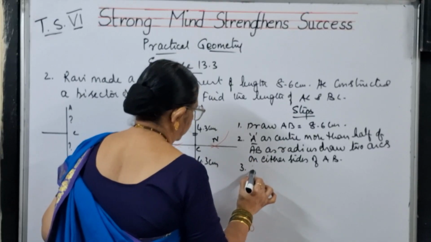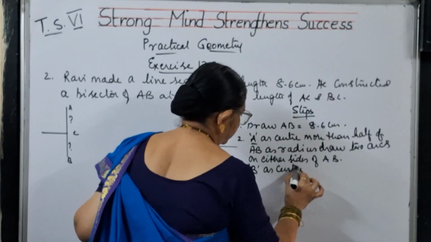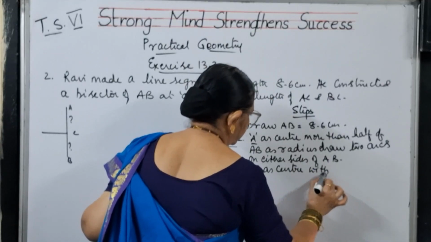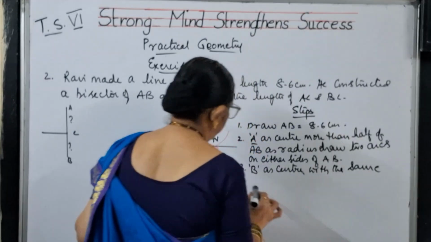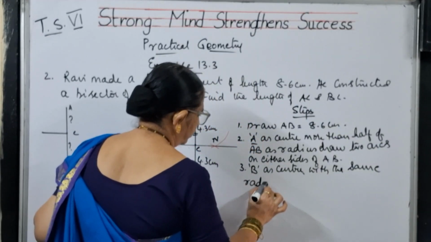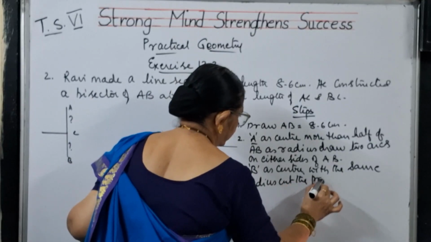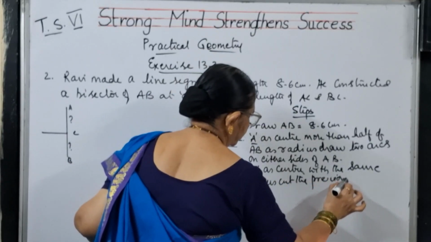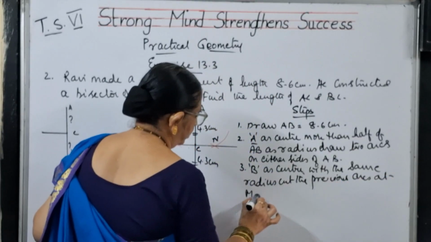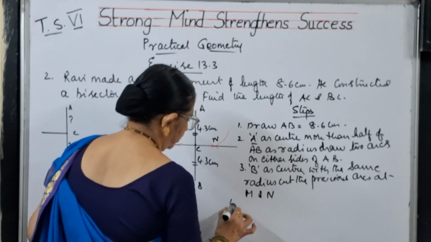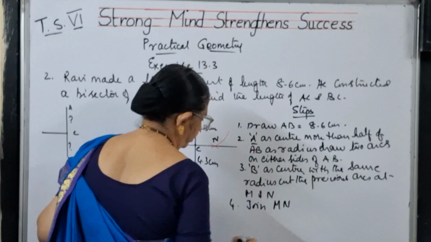Third, B as center with the same radius, cut the previous arcs at M and N. Fourth, join MN.